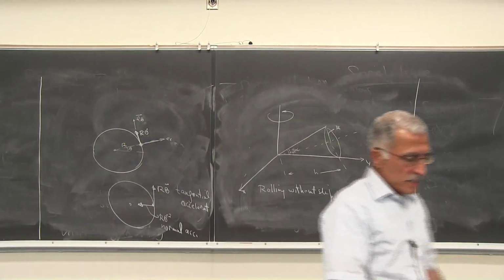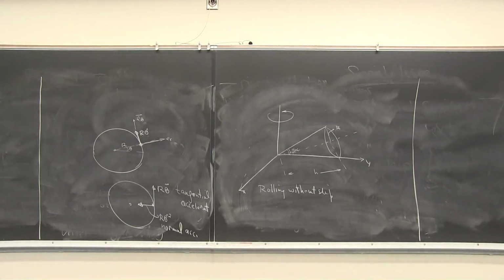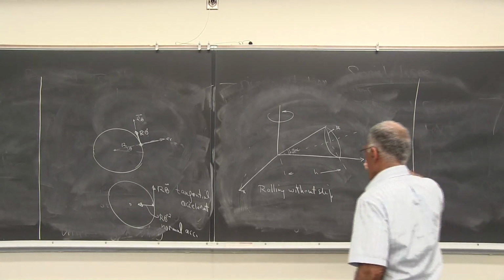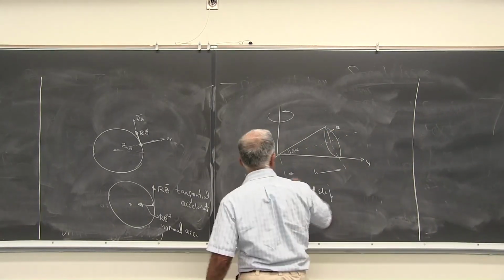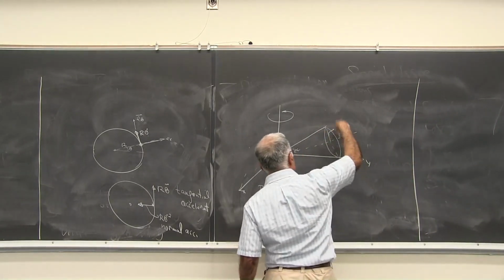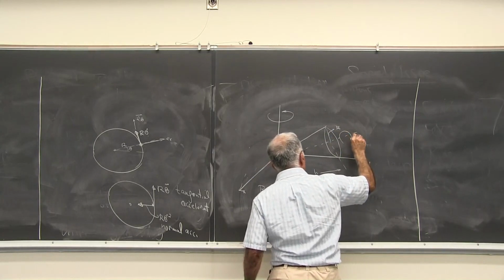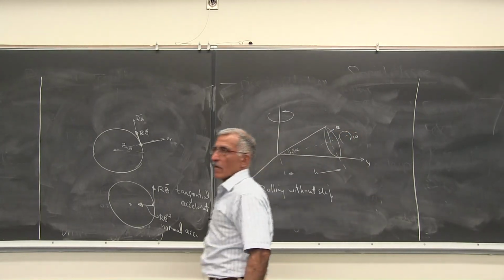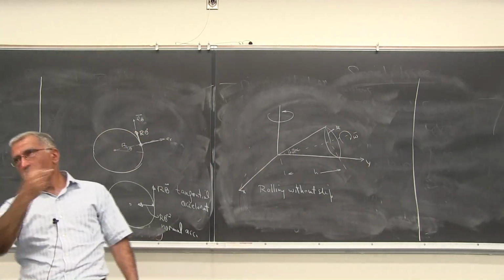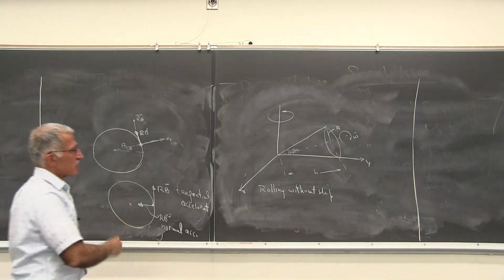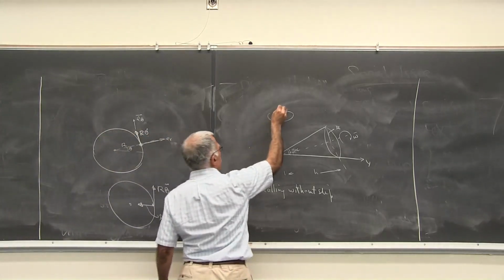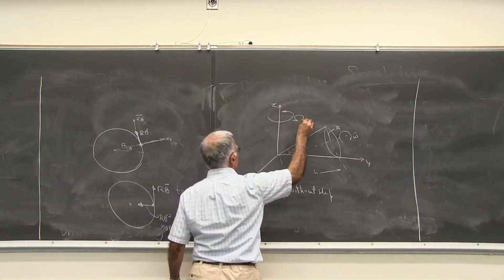As a result, it has some velocity, some omega here around its own axis. Let's call that omega, as it is rolling like this. And the whole cone goes around the z-axis with capital omega.